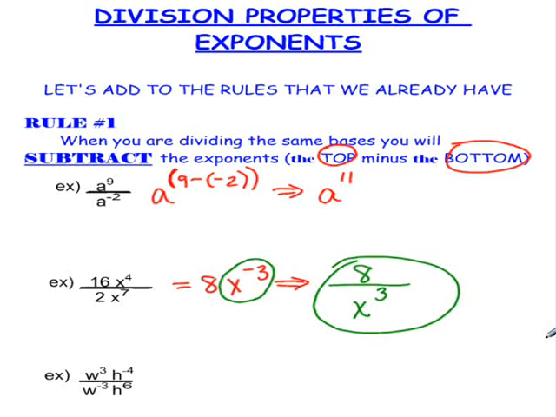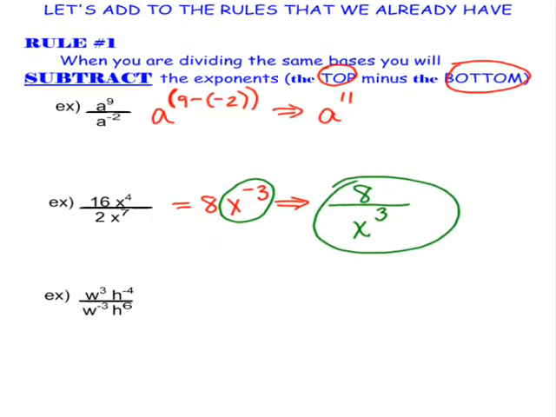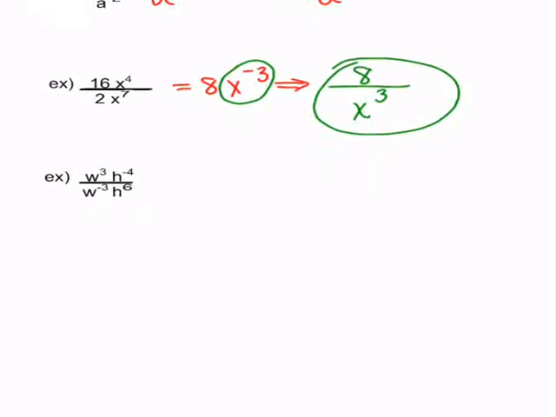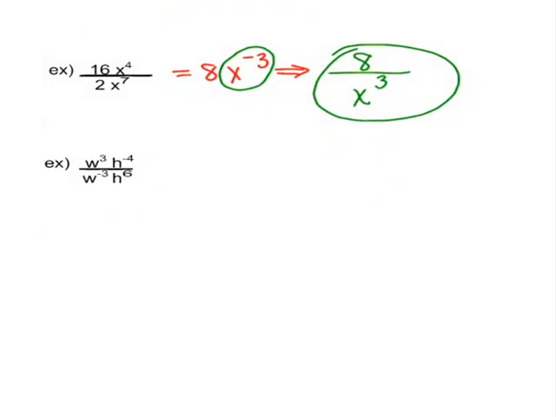Let's go one more, because there can be more than one particular base, just like in this example down here. We have w to the 3rd, h to the negative 4th power, over w to the negative 3rd power and h to the 6th. So we're dividing.